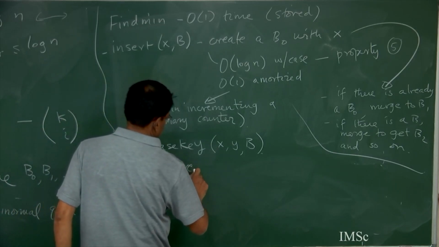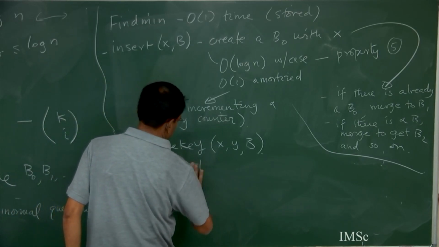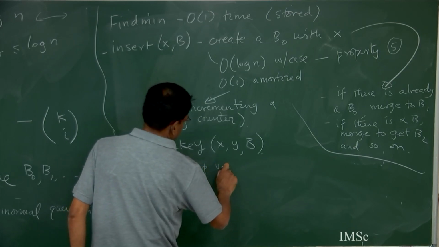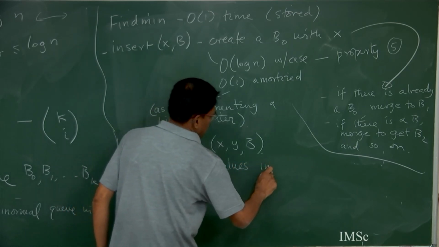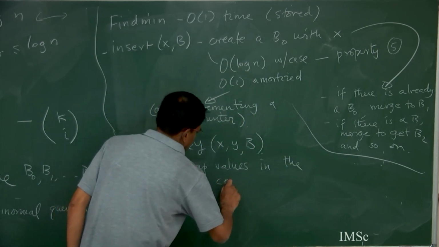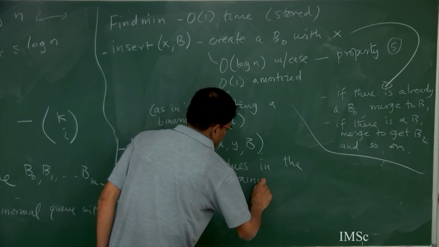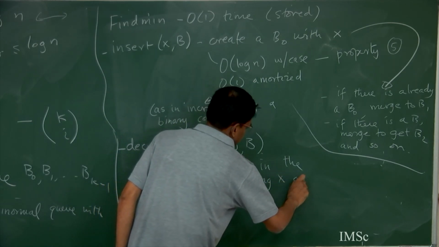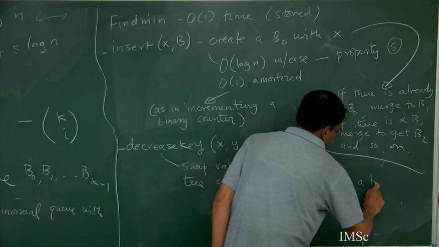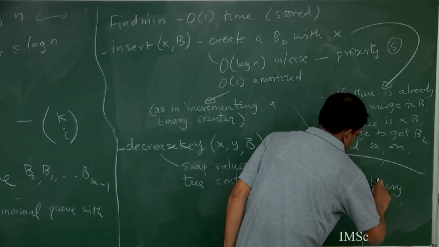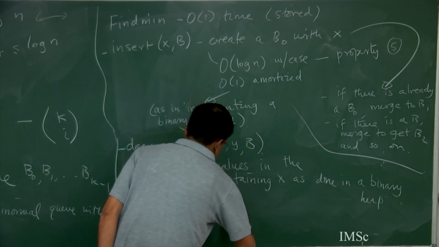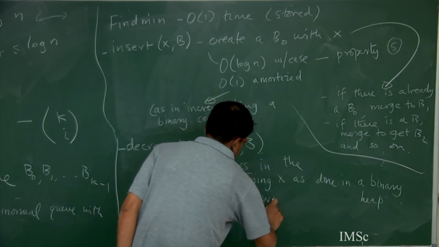So not even restructure, just swap values. So it's log n worst case.